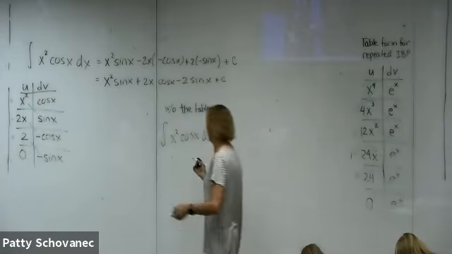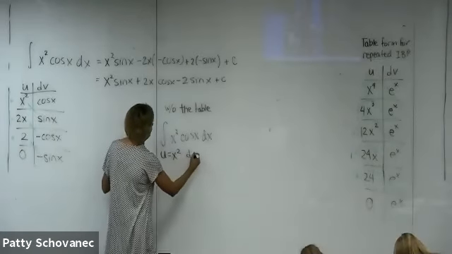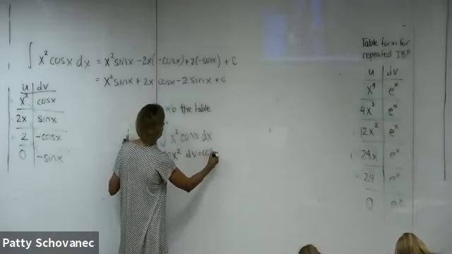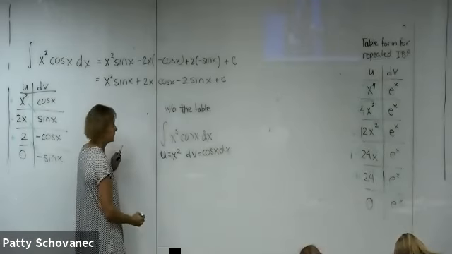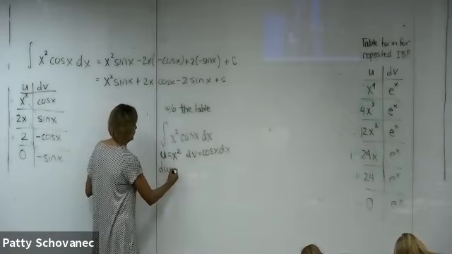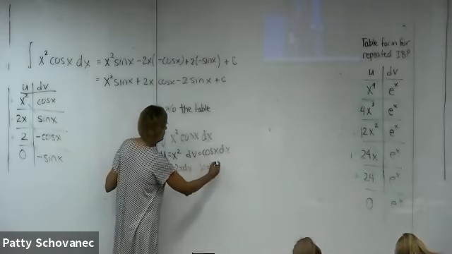I'm going to take u to be x squared and dv to be cosine of x dx. So du is 2x dx. The integral of cosine is a positive sine.